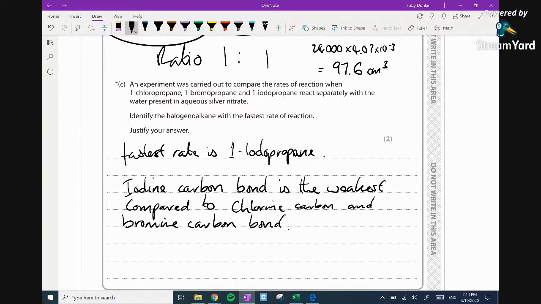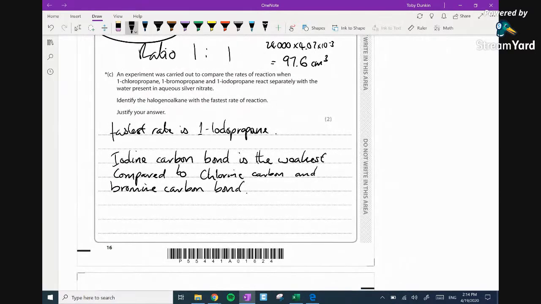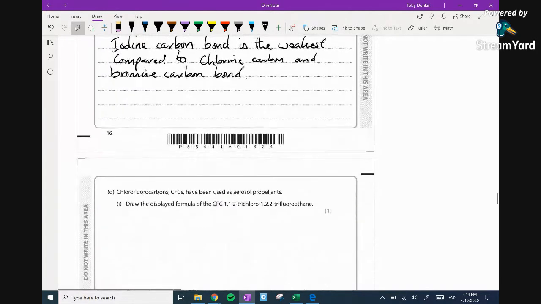So if it's the weakest, we realize it's all about bond enthalpy, not bond polarity. The one that's the most polar is the chlorine-carbon bond, but the one that reacts fastest is the iodo, because the bond's longer and weaker.